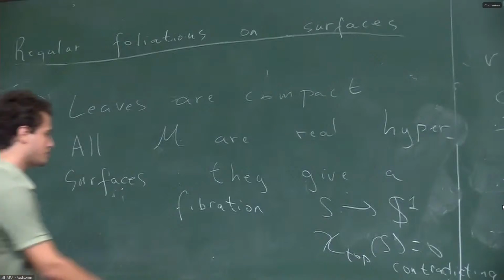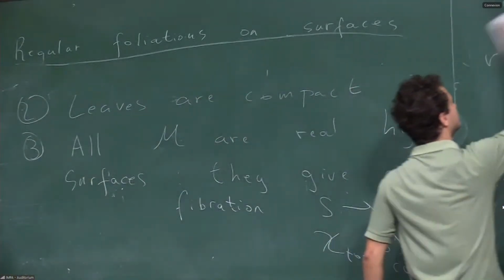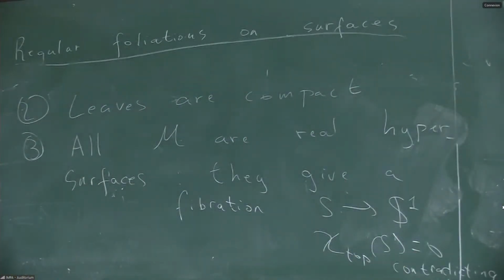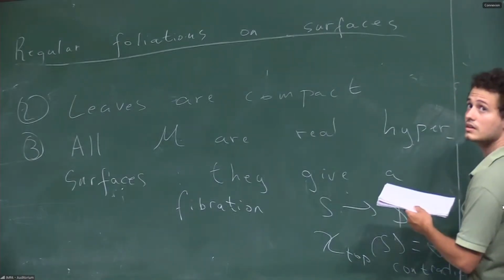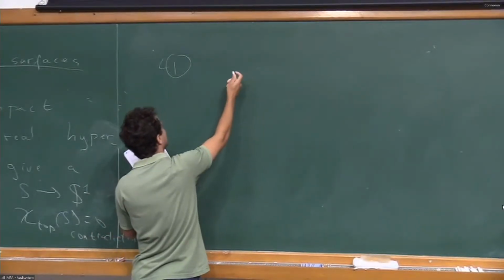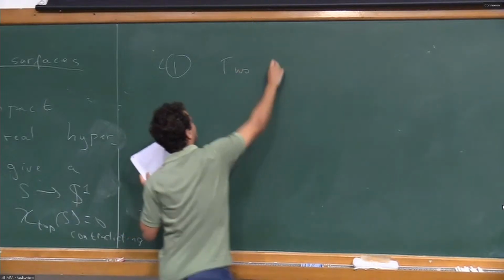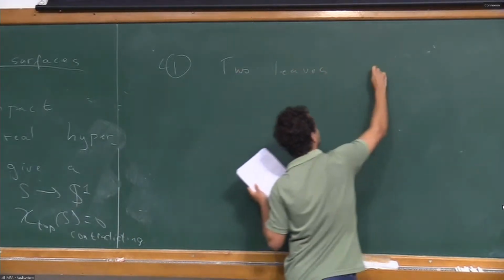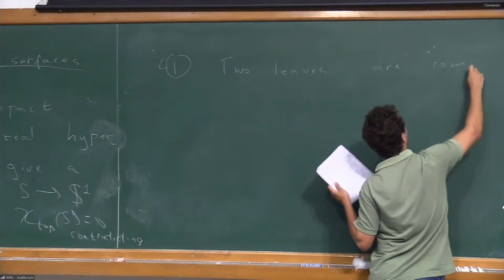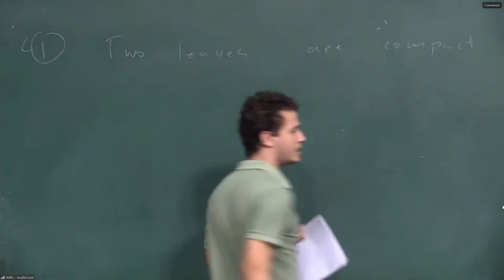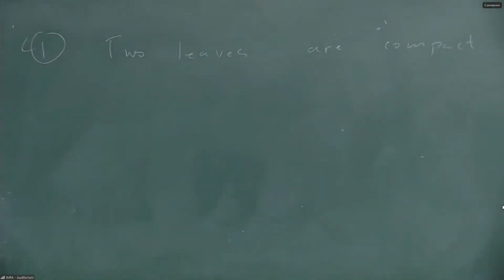Okay? In the 4th case, two leaves are compact, and all the others are real hypersurfaces, which give a fibration.